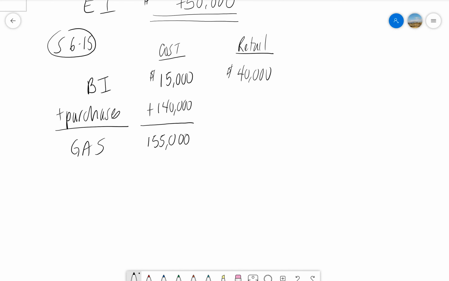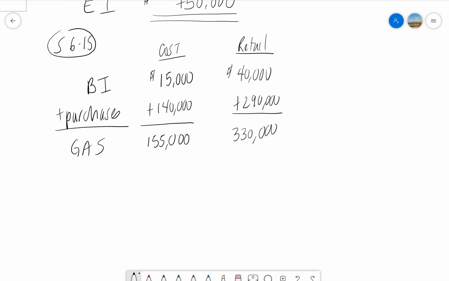Now, these purchases that cost us 140,000 would have a retail selling price of 290. So if we express it at the retail selling price, our goods available for sale at the retail selling price is 330,000. So if we sold all of our inventory, we would have a selling price or sales revenue of 330,000.